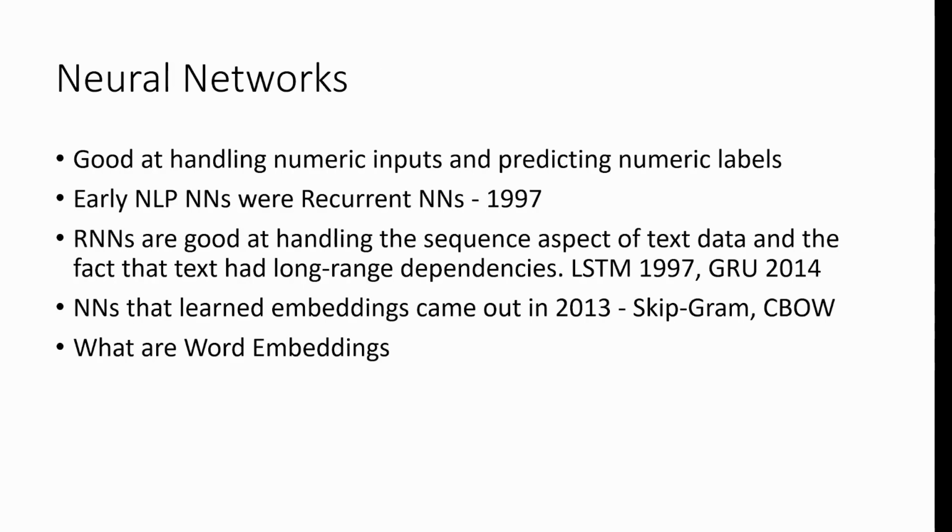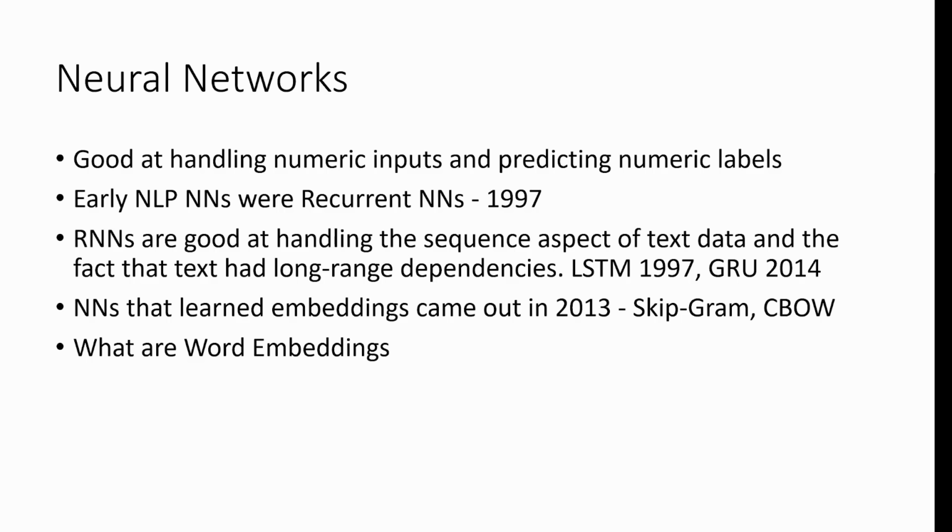So now that you know language can be represented numerically, you probably realize that neural networks can be used because we know that neural networks are good at handling numeric inputs and predicting numeric labels. So neural networks were first used in natural language processing all the way back in 1997.